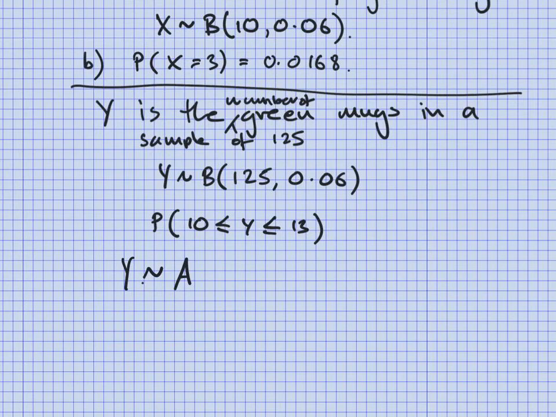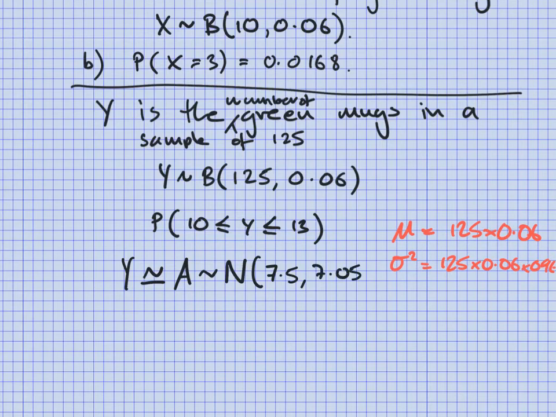So Y is approximately the same as A, which can be modelled as a normal distribution with parameters mu is going to be 125 times 0.06, which is 7.5, and sigma squared will be 7.05 because we just times that by 0.96.